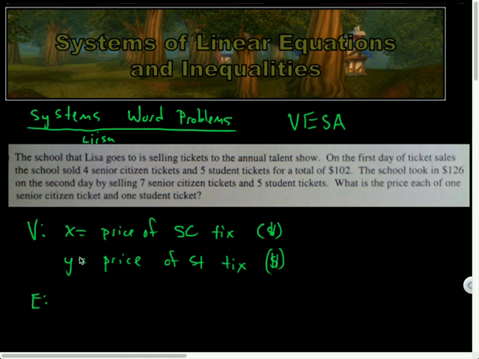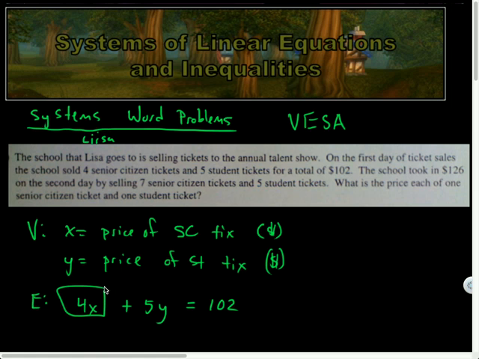So for our equations, we decipher our facts. It says on the first day of ticket sales, the school sold 4 senior citizen tickets and 5 student tickets for a total of $102. So what can I write there? What would equal $102? 4x plus 5y, perfect, right?